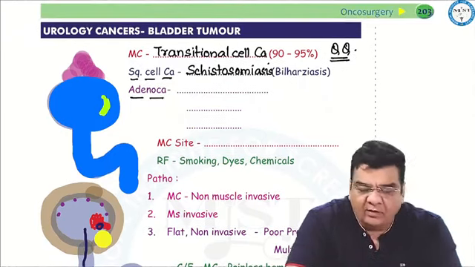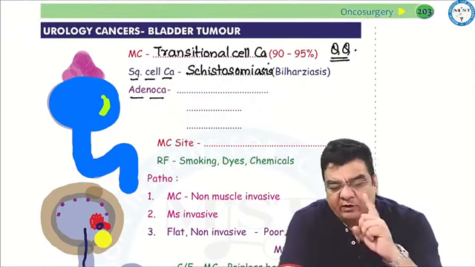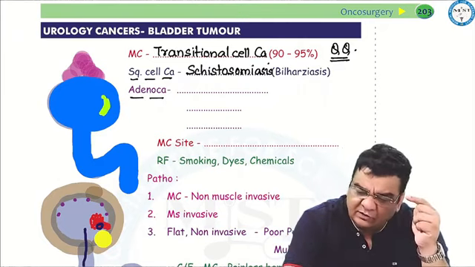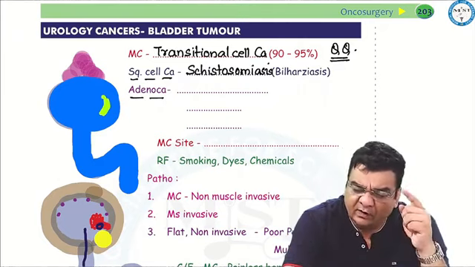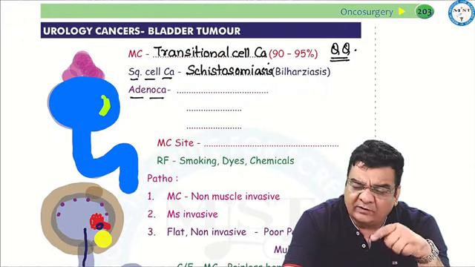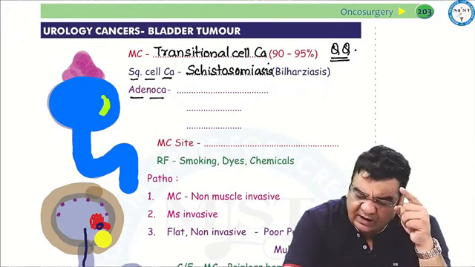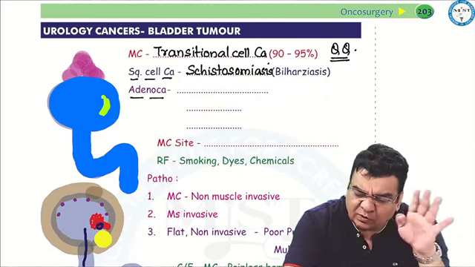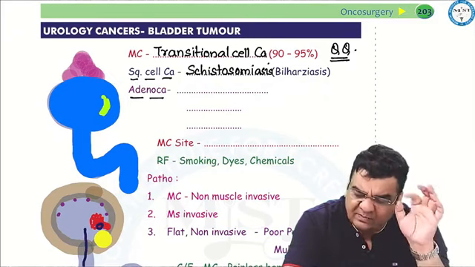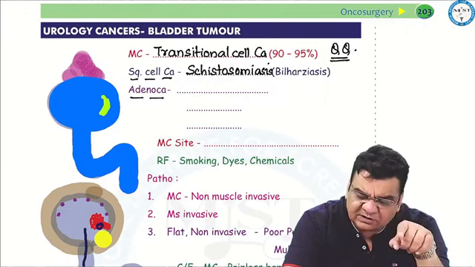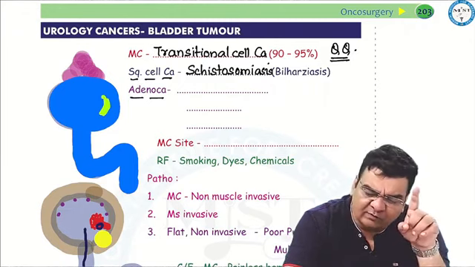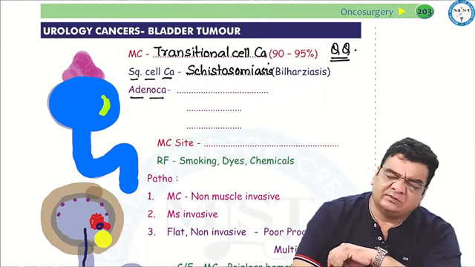But we know one thing, that during intrauterine life, there is a connection of the umbilicus with the bladder, which we call allantois, which becomes the future urachus. Generally, this entire connection closes before birth.